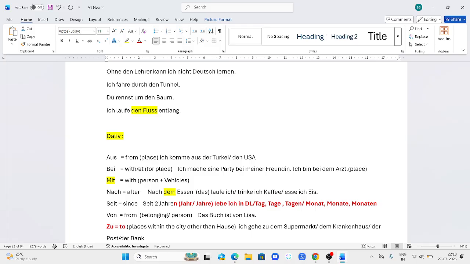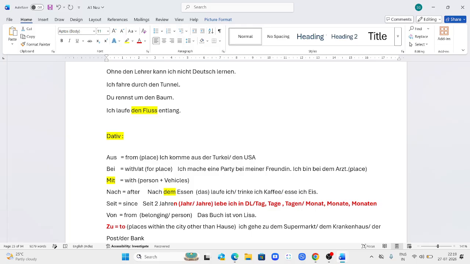Today we are learning the concept of accusative and dative. Accusative is over. Firstly, we learned für, and then slowly we saw that like für, you have other words also like ohne, gegen, durch, entlang, bis. The next thing is dative.